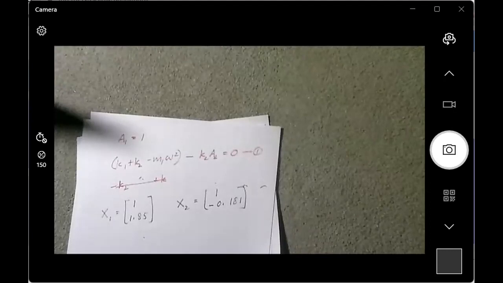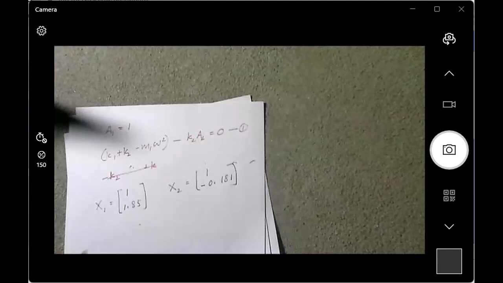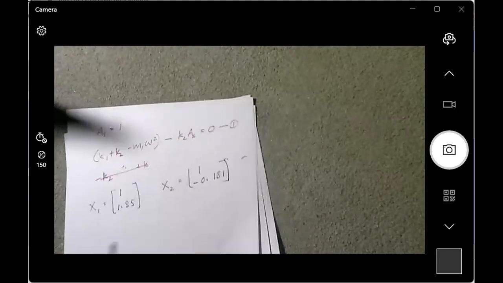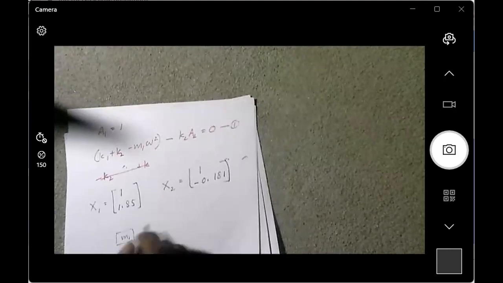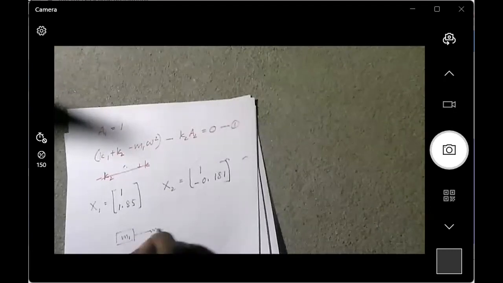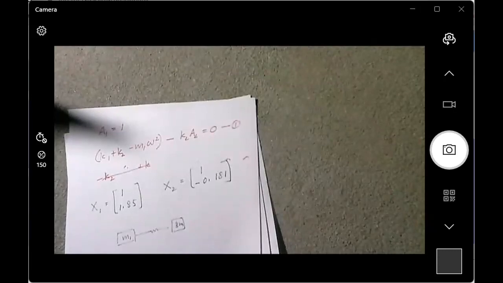Now to understand this better, let's draw the two mode shapes, right? We have two masses, M1 and 3M. Let's suppose this is the initial position.